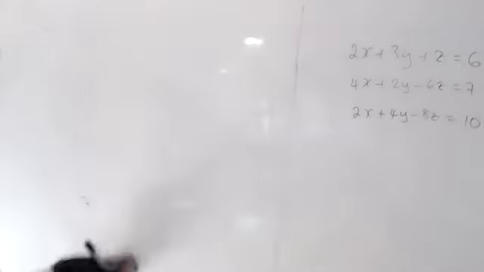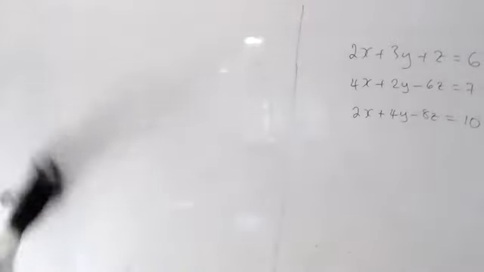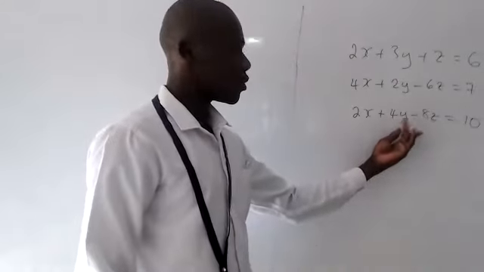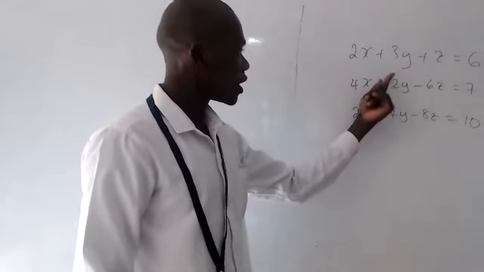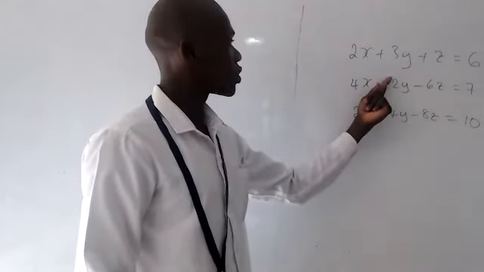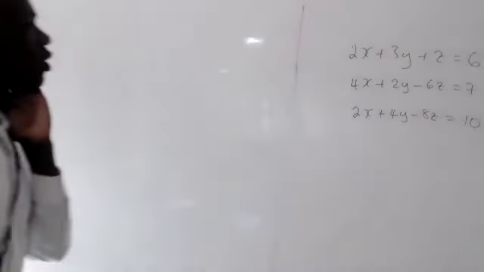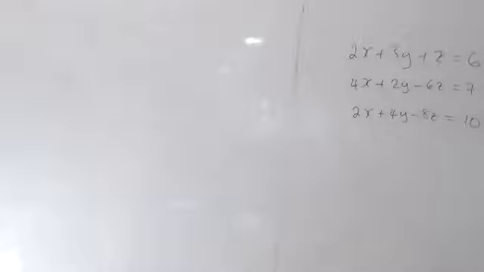Your first goal is to convert this system to a triangular system, a system where I can solve for one term in one equation and then use that in the next equation to find a solution, and then lastly put it in the first equation and find all the 3 unknowns. We're going to do this by elimination.